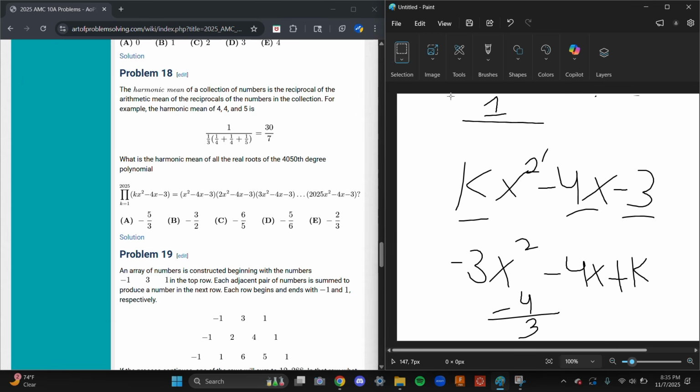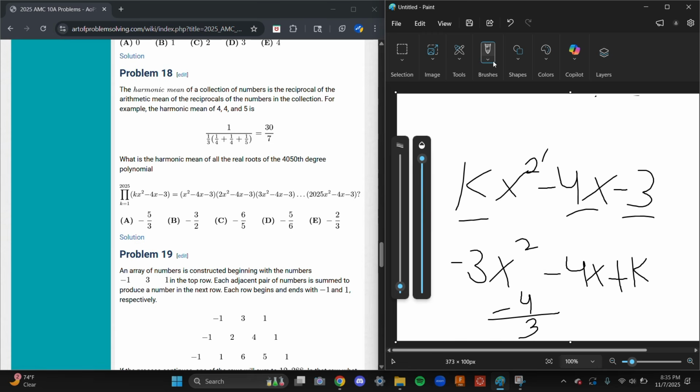So let's just quickly calculate the arithmetic mean of the reciprocals of the roots, right? We know each pair of roots adds up to negative 4/3, and there are going to be 2025 of these pairs. So the total sum here is going to be negative 4/3 times 2025, and then in total there are 4,050 roots because it's a 4,050th degree polynomial. So that's going to give us negative 2/3, right?